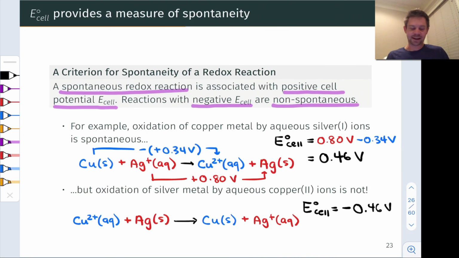And so this is a non-spontaneous redox process, and the negative cell potential helps us see that.